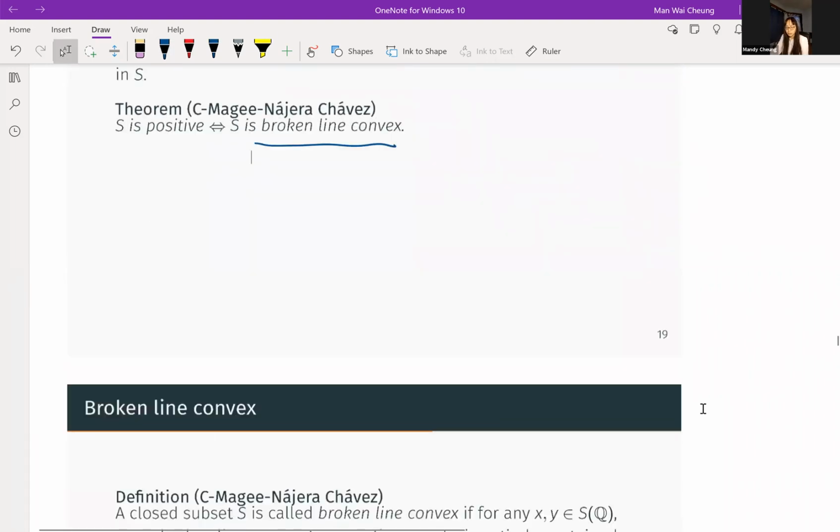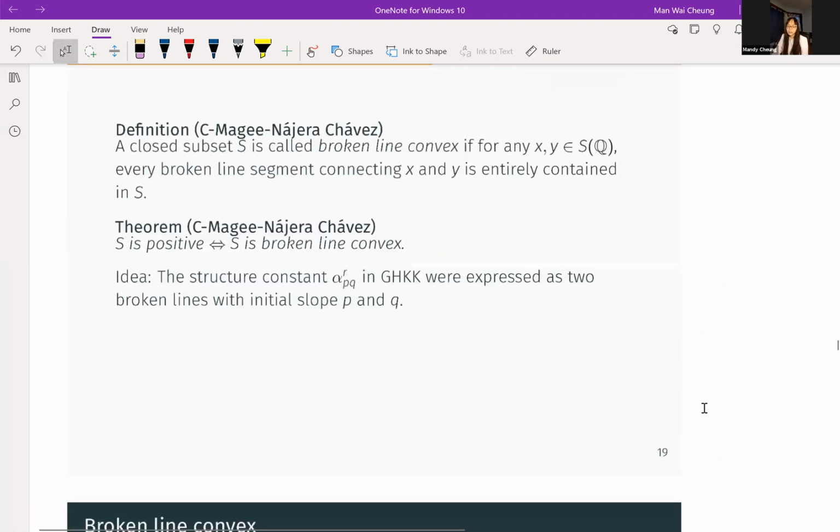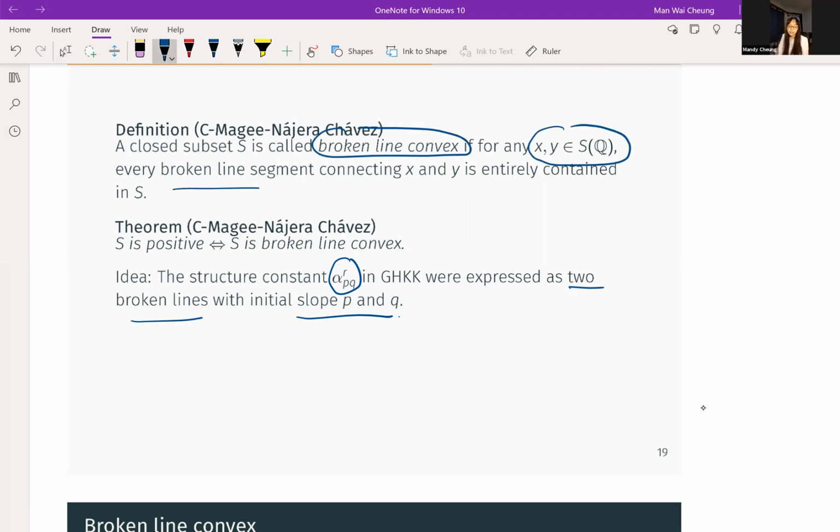And the way to prove it is simply that, in the beginning, when we were talking about the structural constants, they are expressed in terms of pairs of broken lines with initial slopes P and Q. But you can see here, when we define this broken line convexity, we look at the endpoint of a broken line segment.